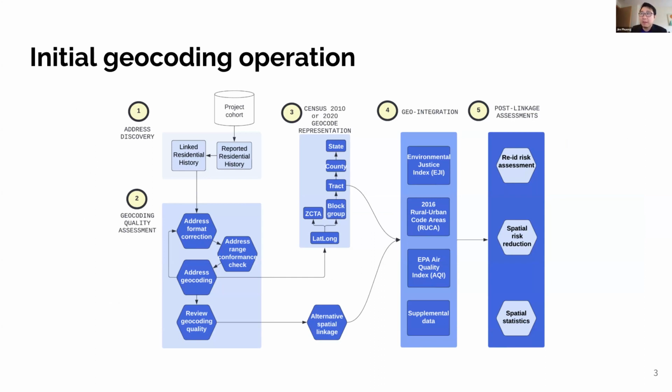The segment that Anne, Kristen, and I were working on had 5 components: address discovery, geocoding, quality assessment, the representation and scaling with different orders of census data, because at the time we were mostly thinking of these census-based data sets, and the integration of them. But once we were integrating them, we were considering that there are multiple scales of data. There are some data types that are generated and initiated in gridded systems.